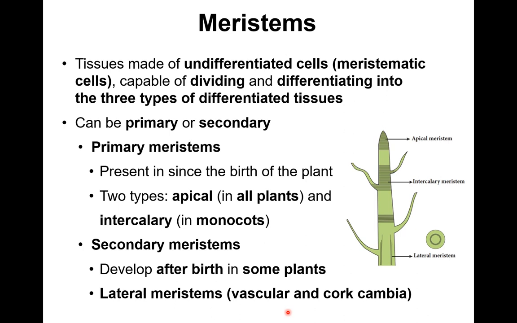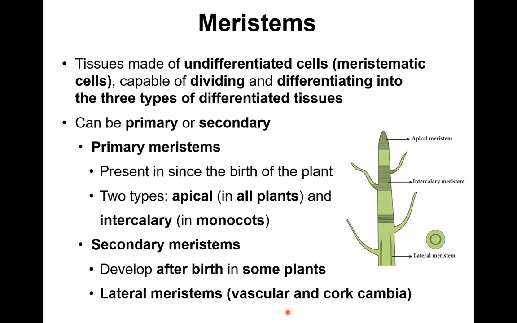Now, meristems can be divided into primary or secondary. Primary meristems are those responsible for the growth of the main plant. They produce what we call the primary growth, and the primary xylem and primary phloem, the primary tissues in a plant.